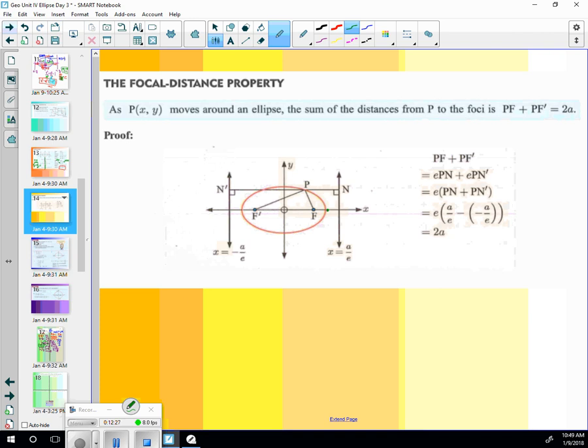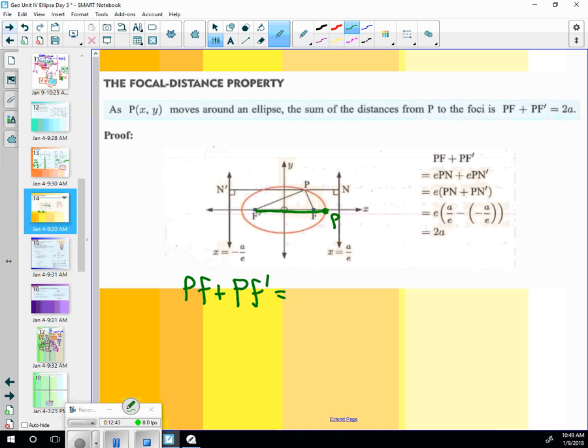We're going to see what the sum of PF plus PF prime is. It's quick. I'm going to just sink this down here, and this I'm going to make my point P.